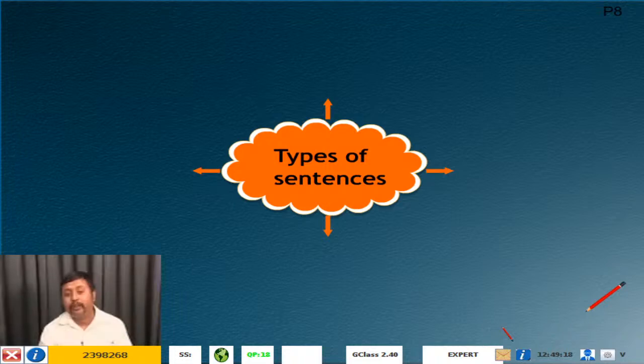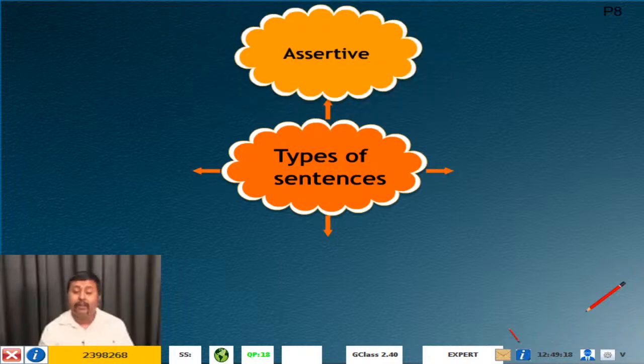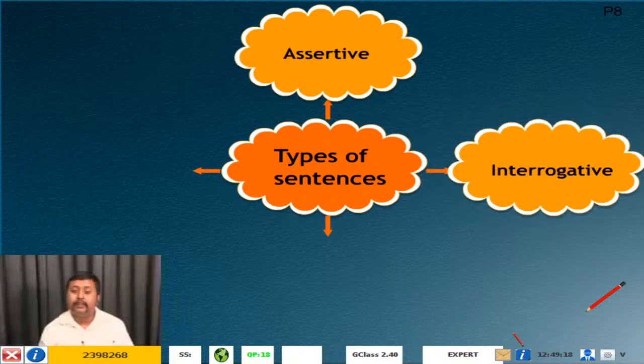Together we can call them types of sentences. There are basically four types of sentences. চাৰিটা টাইপৰ sentences থাকে. So what are those? First one is an assertive sentence. Second one is an interrogative sentence.